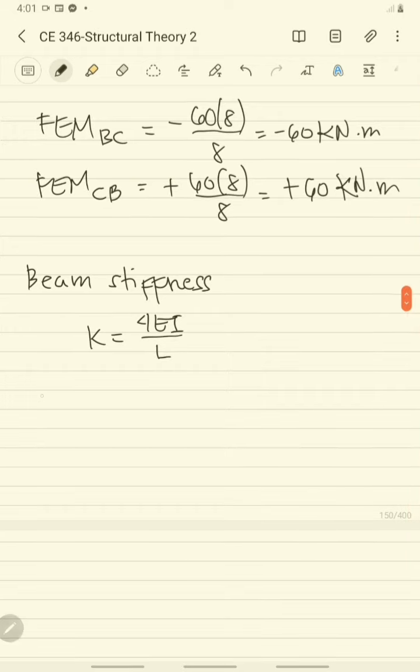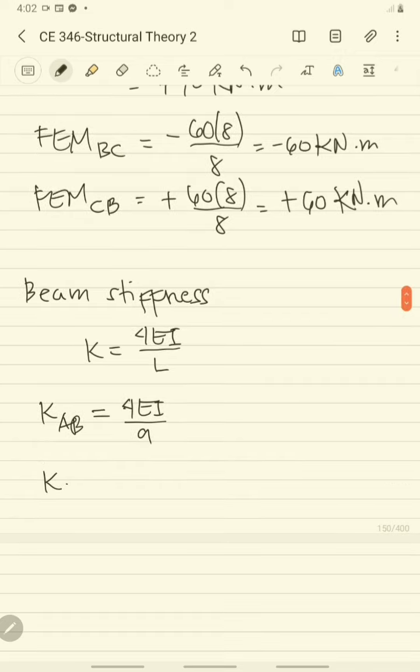So for the beam stiffness of segment AB, we have 4EI over 9. And for beam BC, we also have 4EI over 8.